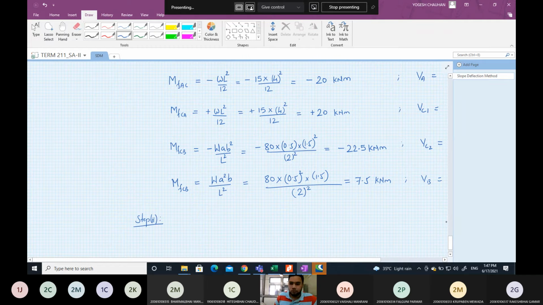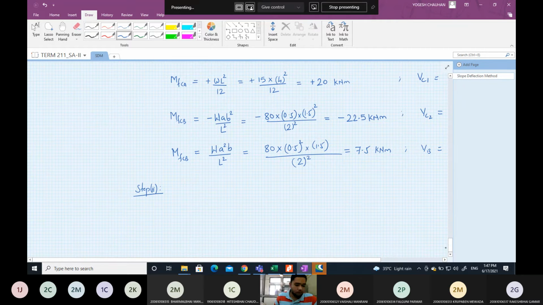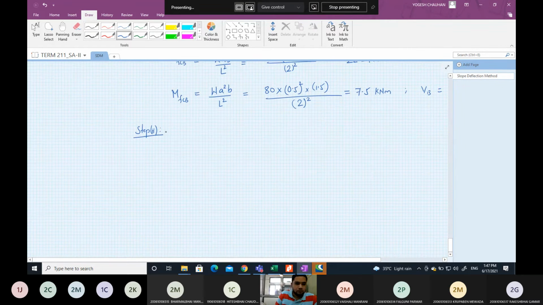Next step is to formulate the slope deflection equation and apply constraints.